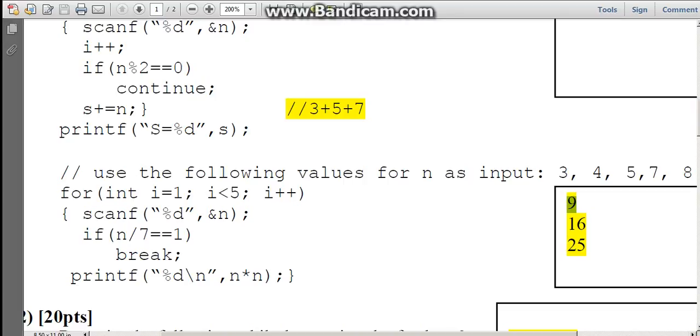This is 9. So now here 4, when we substitute it here, n divided by 7 is not equal to 1, right? So they will multiply by the same number. 4 multiplied by 4 is 16. Now 5, also 5 multiplied by 5 is gonna be 25.